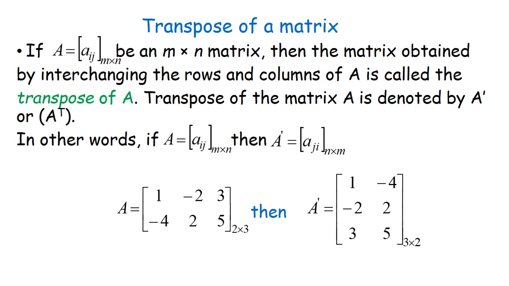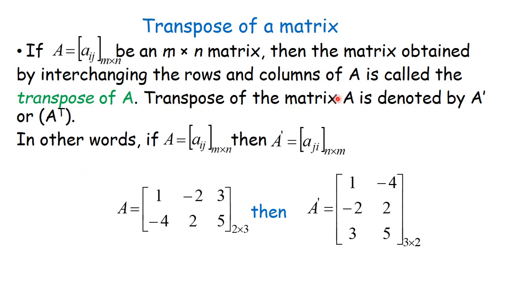Suppose you are given a matrix A whose order is m by n, then the transpose of matrix A is obtained by interchanging the rows and columns of your matrix. If you interchange your rows into columns and your columns into rows, then you will get the transpose of your given matrix.